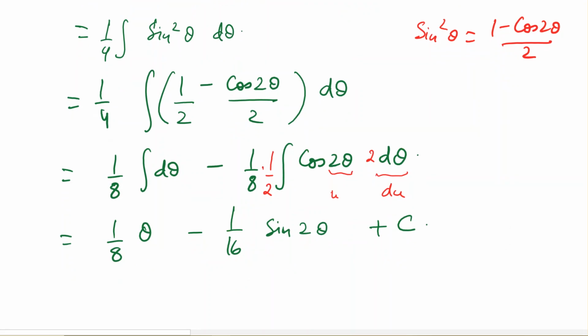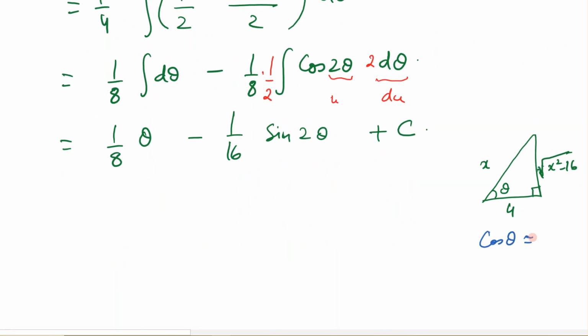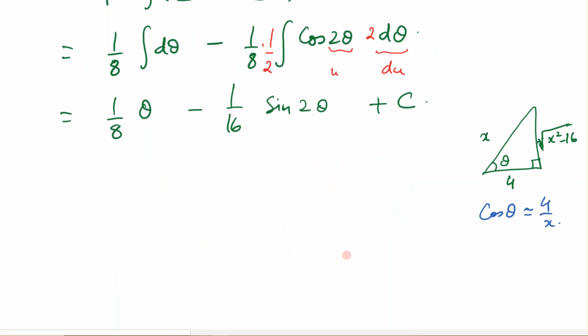For that, we can use our triangle, cosine theta is 4 over x. So it means theta should be cosine inverse 4 over x.